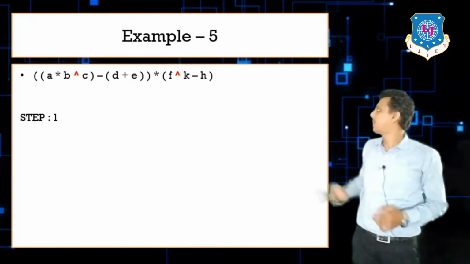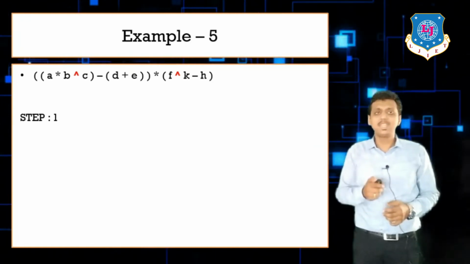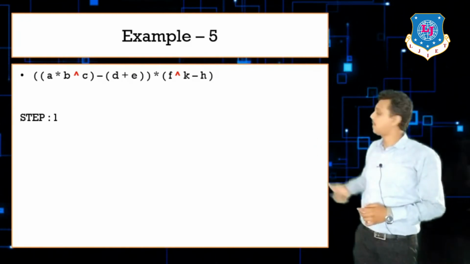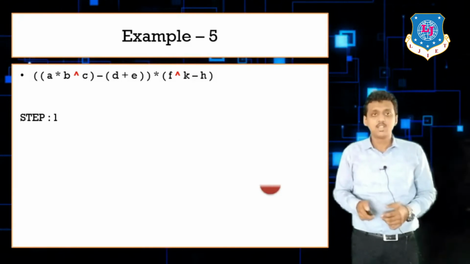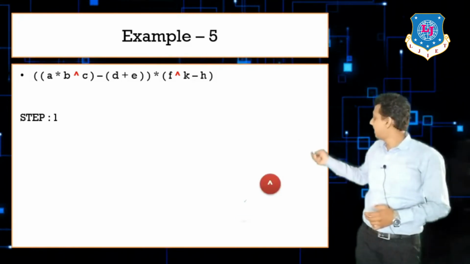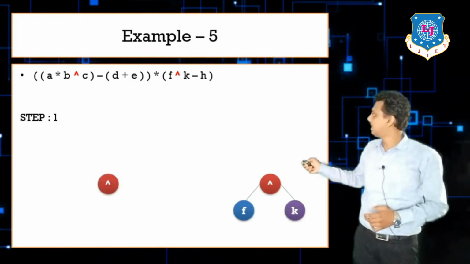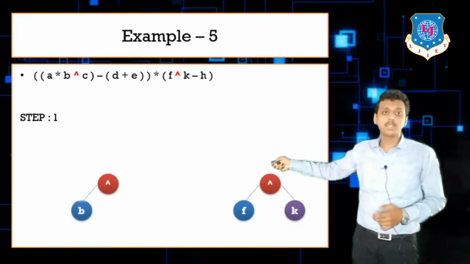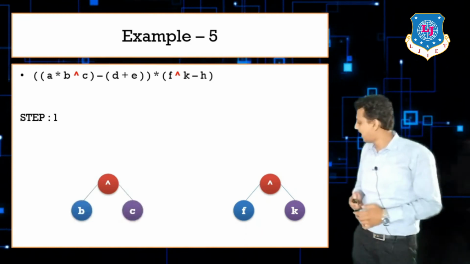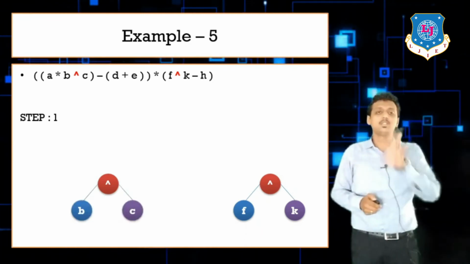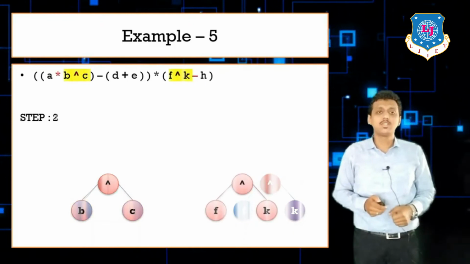From the very first bracket, I'm going to take B caret C. From the last bracket, I'm going to take F caret K. So first here we have caret, on the left side of the caret we have F, on the right side we have K. Then again caret, on the left side we have B, on the right side we have C. Fine. So these terms are already solved. Let's move further.